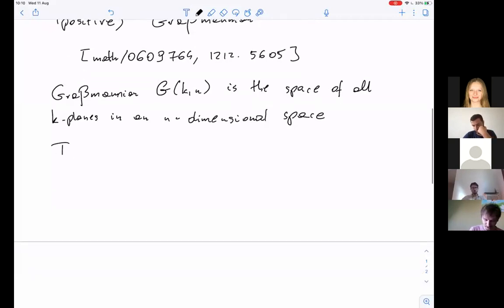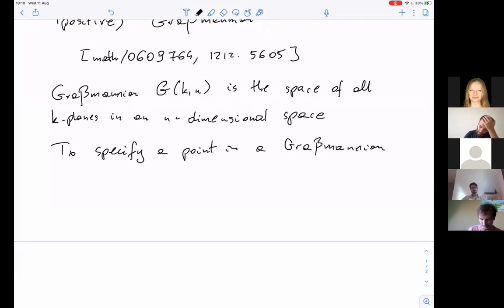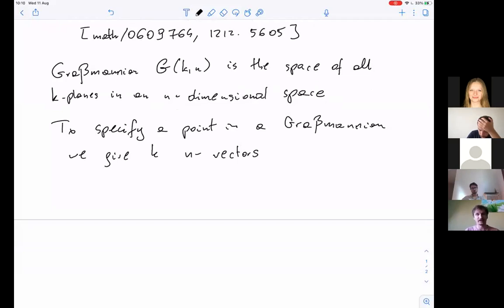Okay, so to specify a point in the Grassmannian, we give K n-vectors. Then if I take all possible linear combinations of these K n-vectors, you'll get a K plane. So how can I think about K n-vectors?